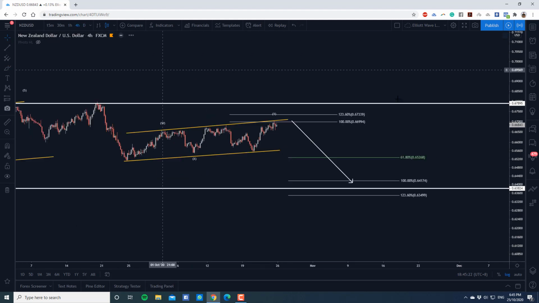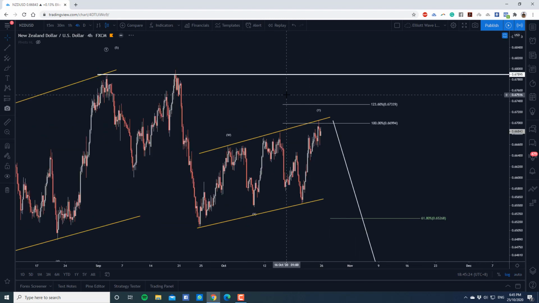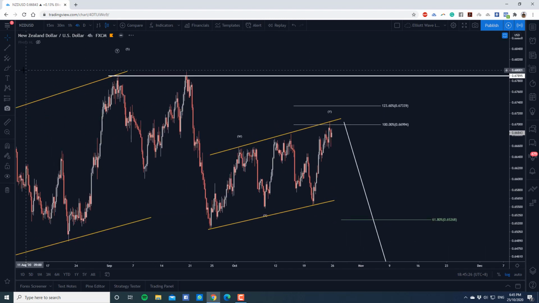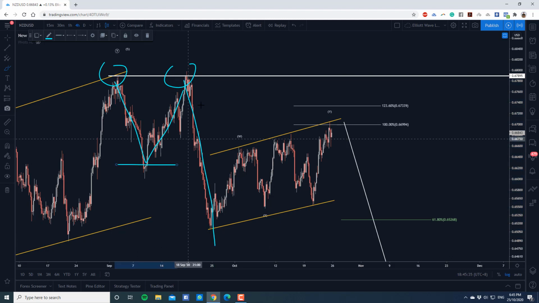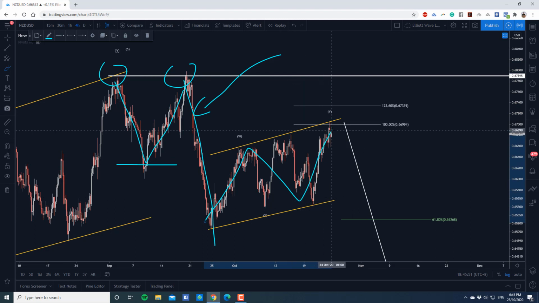Now, if I bring you to the 4-hour time frame, what I like is that we have a smaller double top pattern on the 4-hour. This double top actually completed with the break of this neckline. If you do that measurement, price is more or less there, but we don't trade just the double top. What I like is that we have some form of rejection, a very strong impulse push, and right now a 3-wave completed correction.